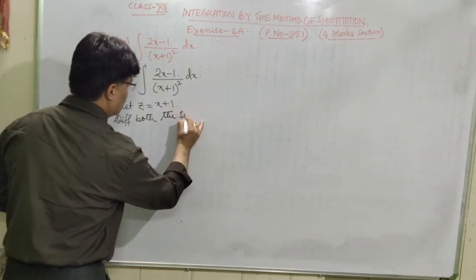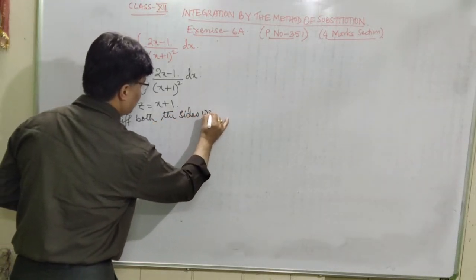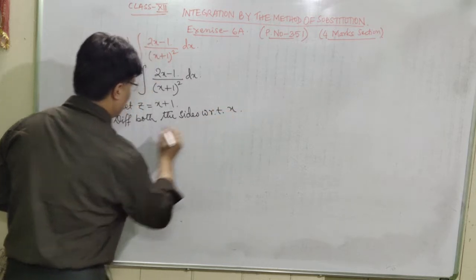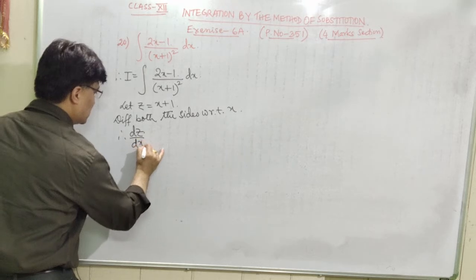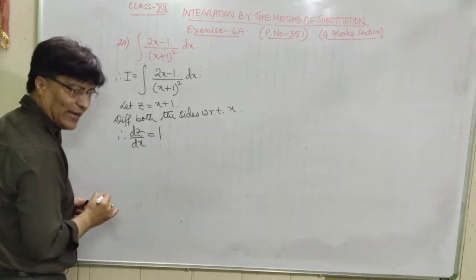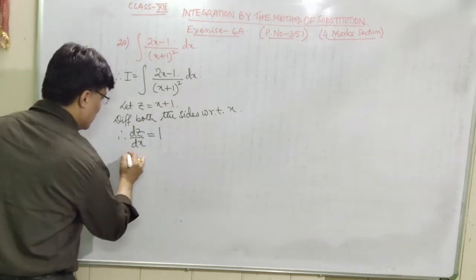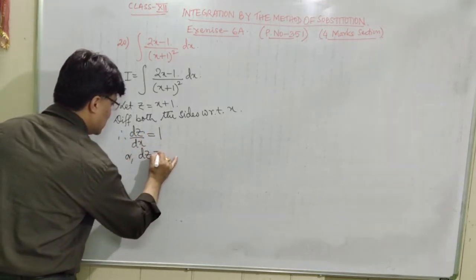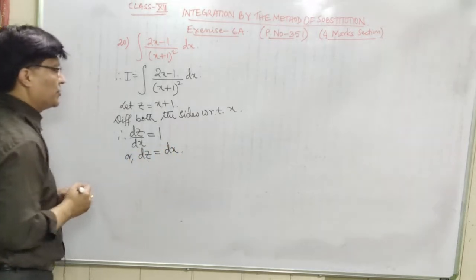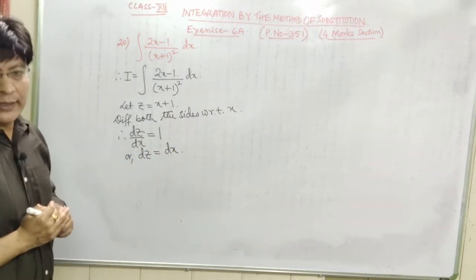So dz by dx is equal to, what is d by dx of x? It is 1, and for 1 it is 0. So it is only 1. If you cross multiply it, you will get dz is equal to dx. So I think you have understood it.